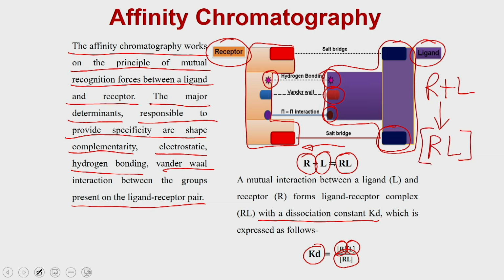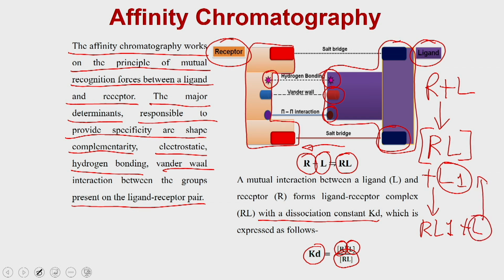And now, if you add another ligand, L1, that has more affinity for the receptor, then the receptor-ligand complex is going to be broken down, the receptor will form a complex with L1, and your ligand is going to be free.